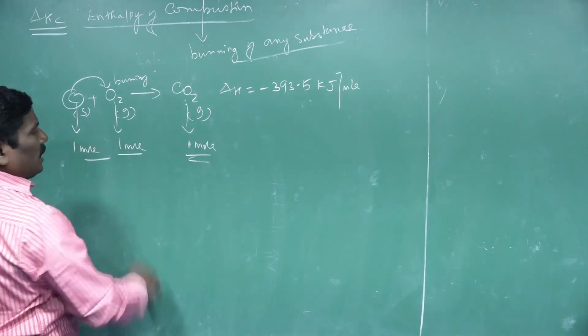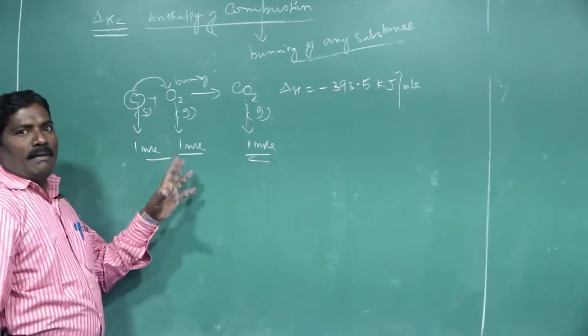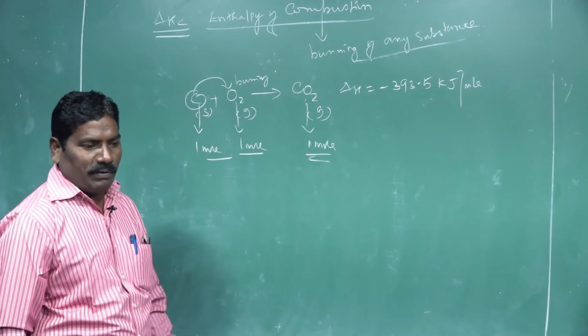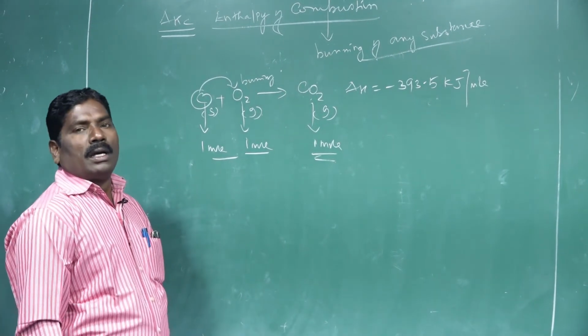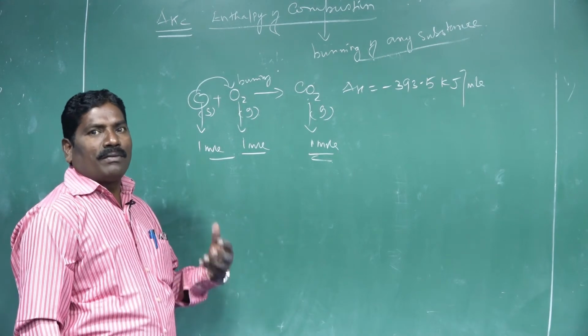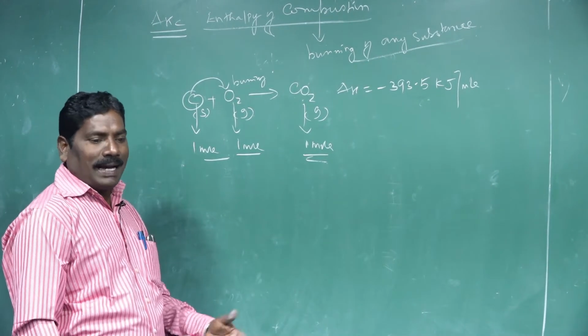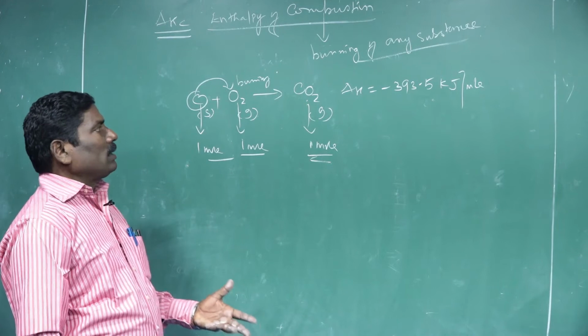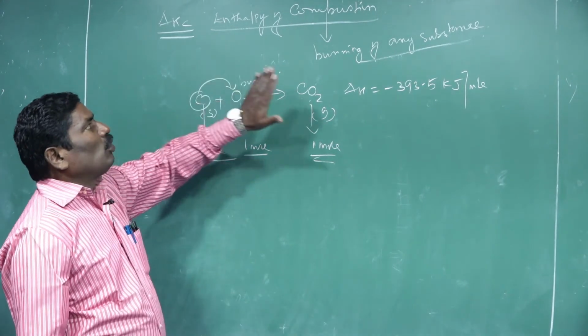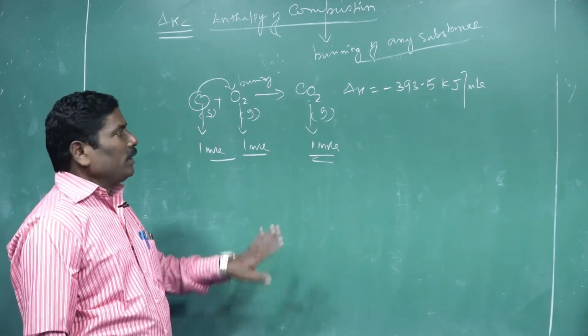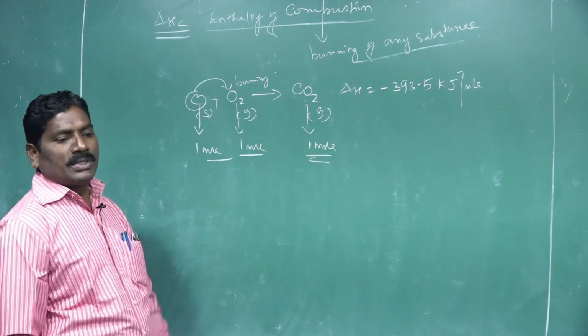The definition you should understand: 1 mole of the substance is completely burnt in the presence of excess oxygen or air. This concept we write as the enthalpy of combustion.